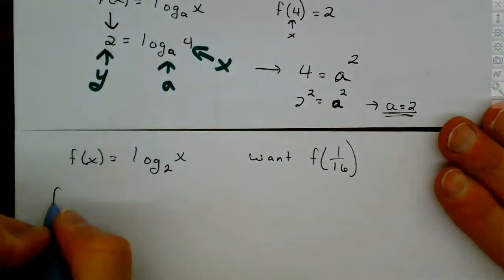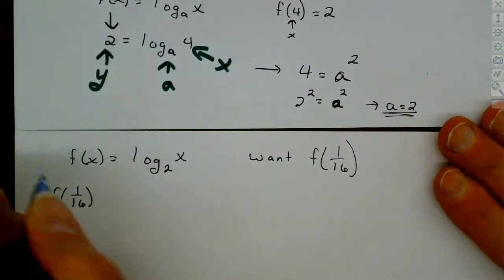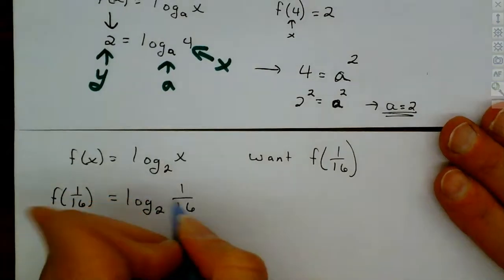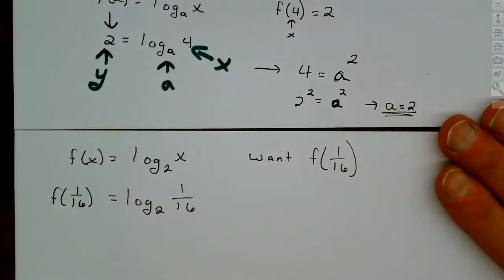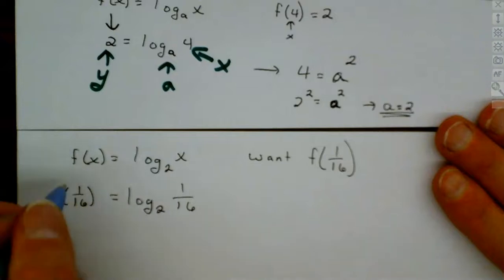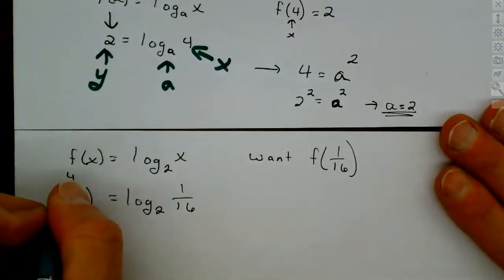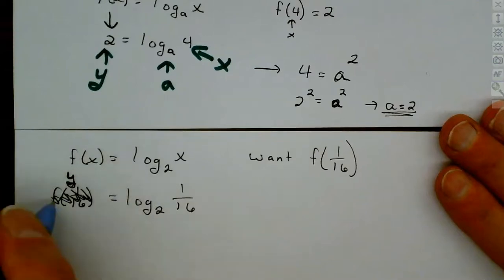So let's try to find f of 1 over 16. I'll just call this my y. Doesn't matter what we use for the variables here. That way it'll convert easily. Instead of f of 1/16, we'll say that's y.